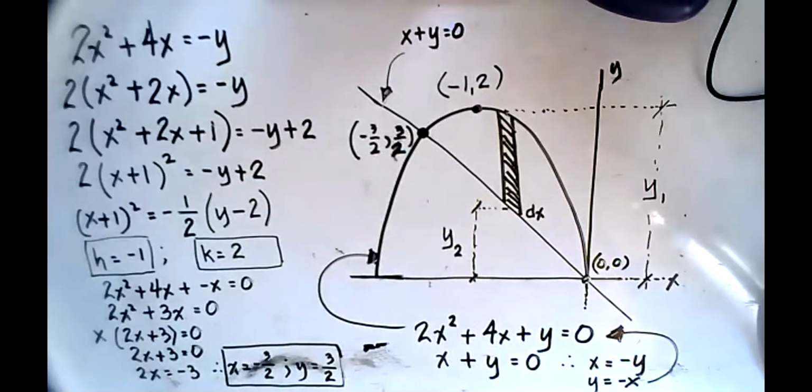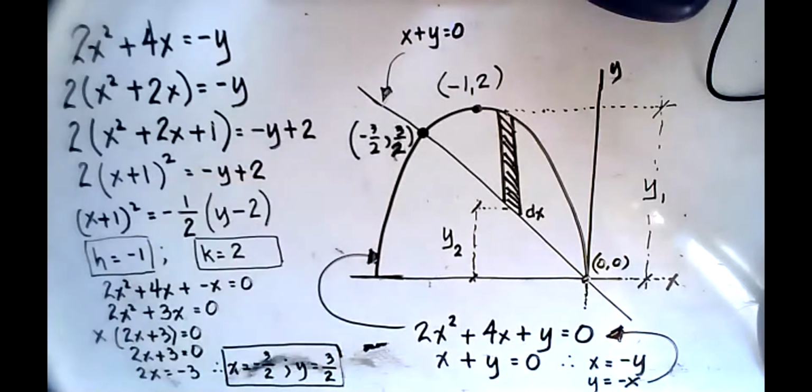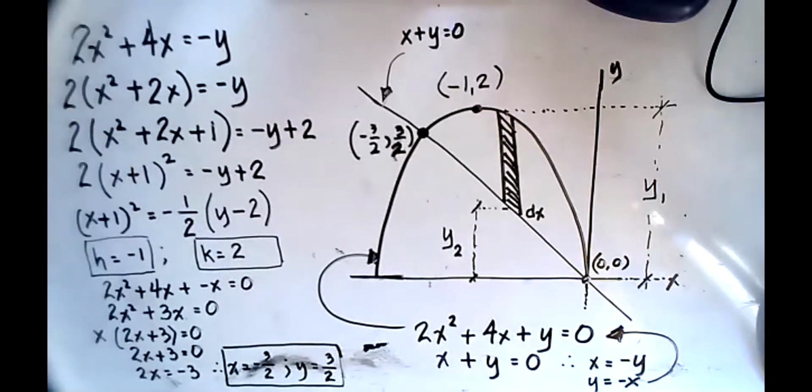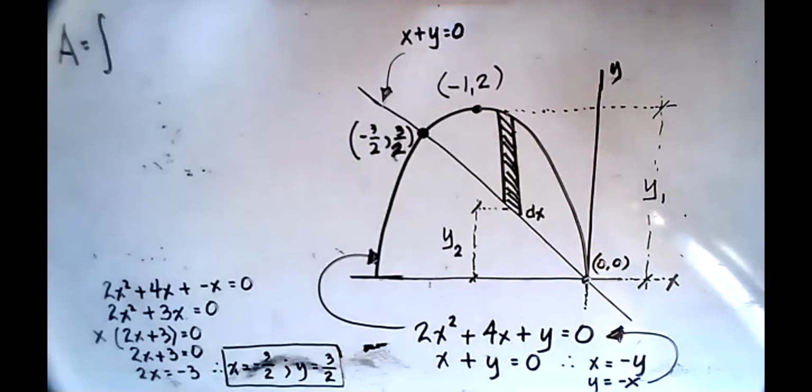Okay? Minus 3 halves for x and positive 3 halves for y. Okay? Any question before I proceed? Because I will be erasing this side of the equation. May question pa kayo to determine?